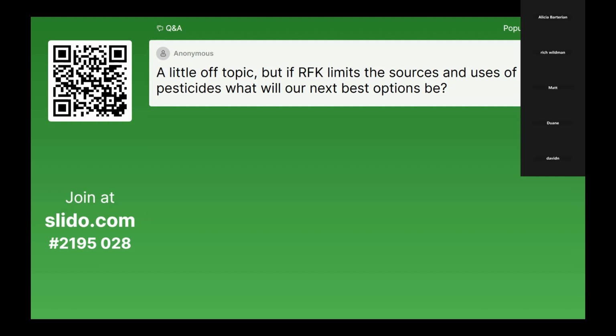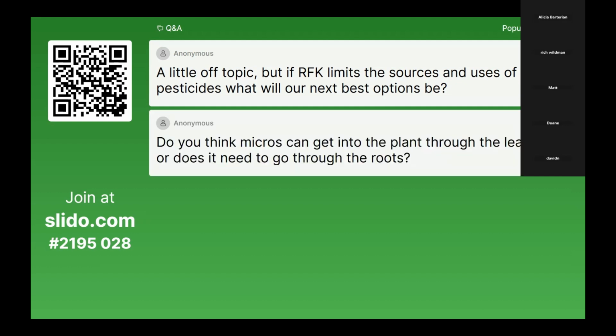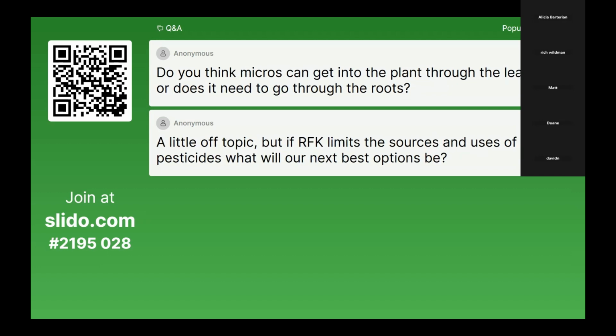This one is a little bit dangerous. A little off topic, but if RFK limits the sources of pesticides, what will be our next best option? Yeah, the future of ag is, I don't know exactly what it looks like, but there's technology, robotic weeding, smaller equipment in the field, mechanical weeding, all sorts of things.